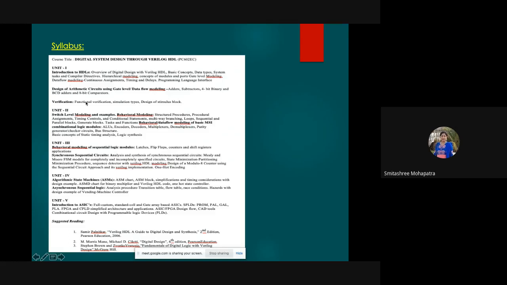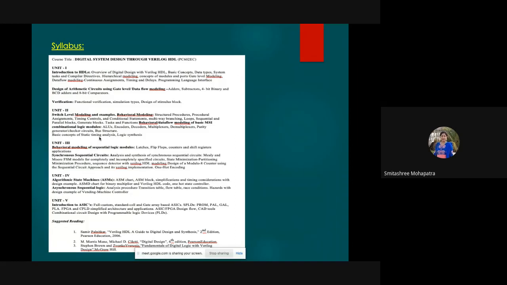Then in the second unit, you will study the basic concepts about the language. Also in unit one itself, we are going to discuss how to design the combinational circuits, right? So in unit one, and even unit two, you have different language styles, and again we are designing the combinational circuits.